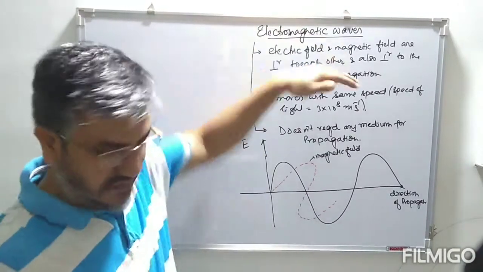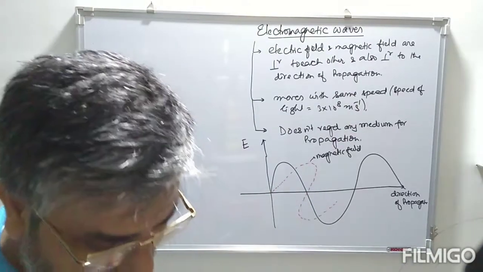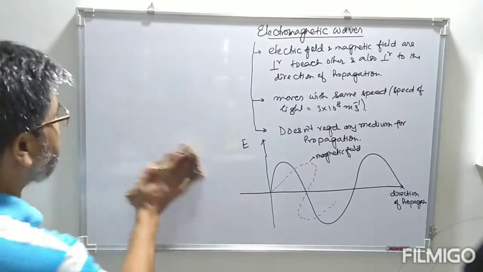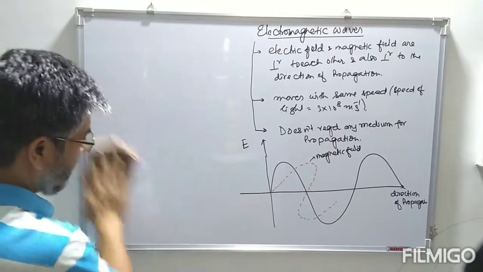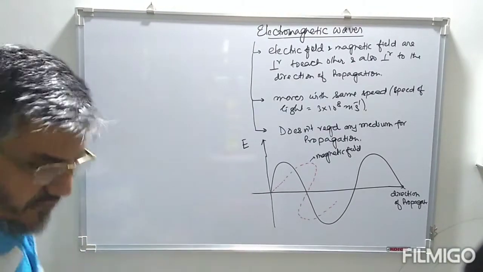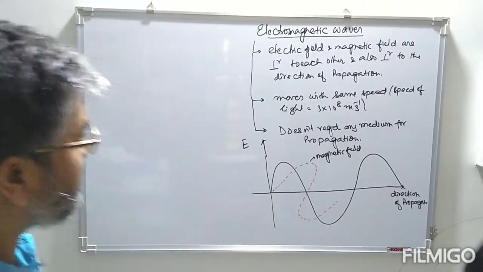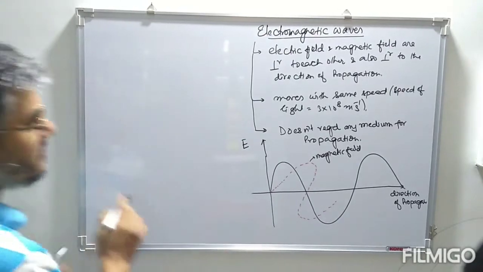Now, since light is also an electromagnetic wave, all these electromagnetic waves will show wave character. If you have a wave character, then it will have a wavelength.